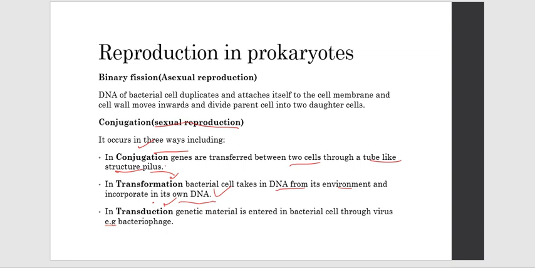In transduction, genetic material enters the bacterial cell through a virus, for example a bacteriophage. In this process, an external source, especially a virus, is used so that the genetic material can enter inside the bacterial cell.